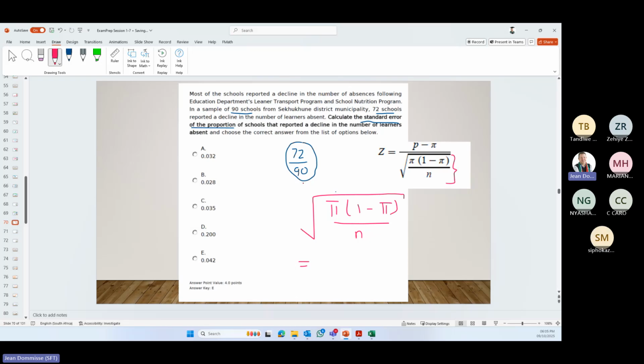I really don't like to work with fractions in a formula like this. So let's quickly do 72 divided by 90. I get 0.8. So we've got 0.8 times 1 minus 0.8, which is 0.2.